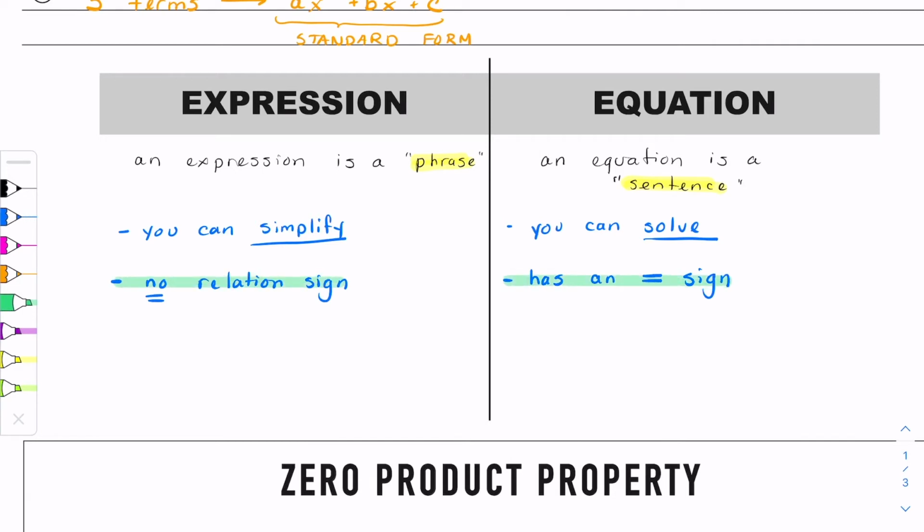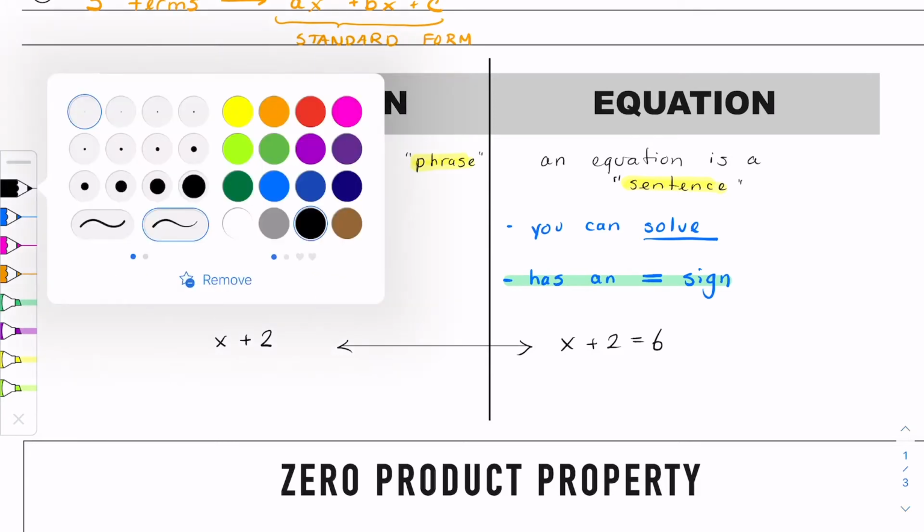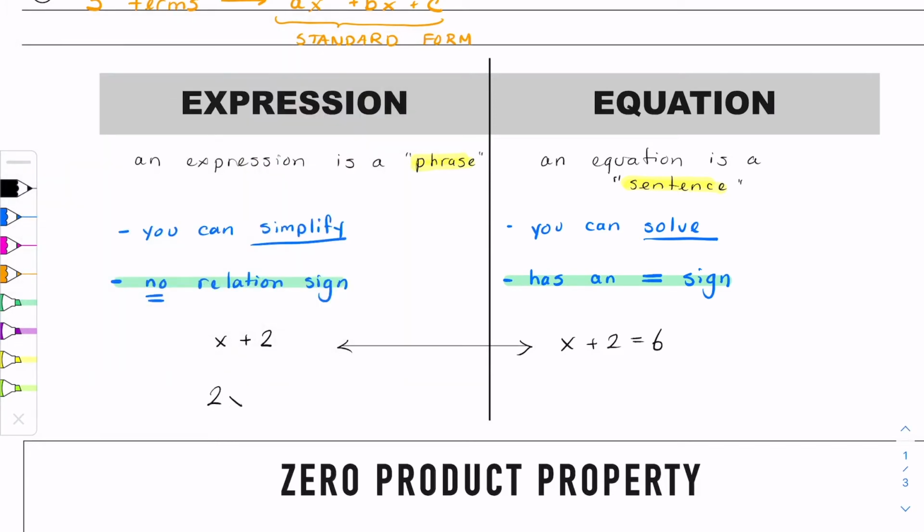That's really the biggest way you're going to be able to tell if you have an expression versus an equation. So to go off of those two factors, let's take a look. If we had x plus 2, that's an expression. If we had x plus 2 is equal to 6, that's an equation. Notice the difference between these two. One of them has an equal sign, one of them does not. If we had an expression such as 2x, that's just the expression, but 2x is equal to 20, that's an equation. And both of these have an equal sign.